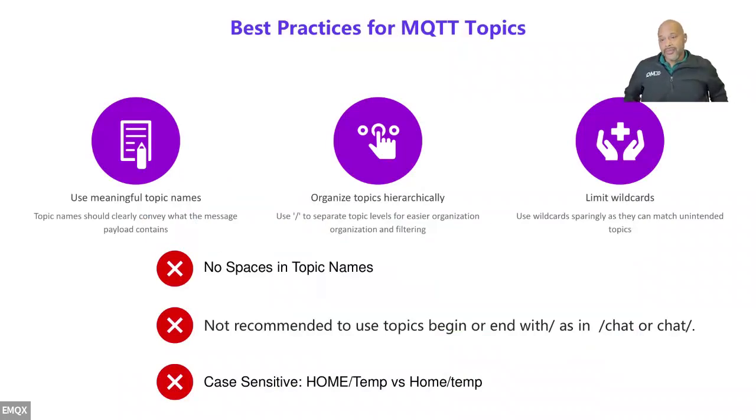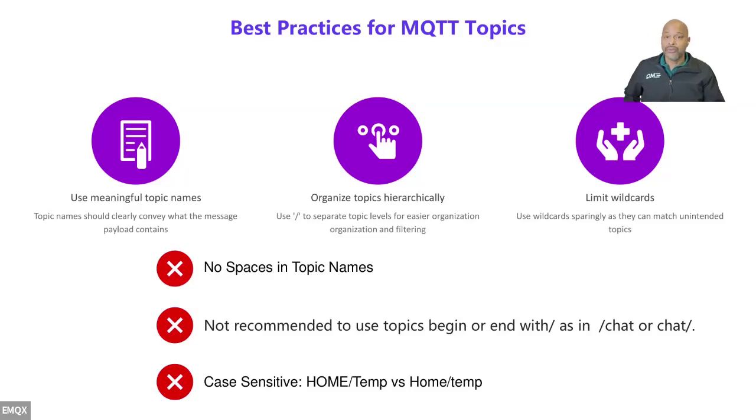So speaking of topics, let's talk about some best practices for creating these topics. One is you want to use meaningful topic names. So what does that mean? That means human readable, right? Meaningful topics. So for example, home, bedroom, temperature, right?